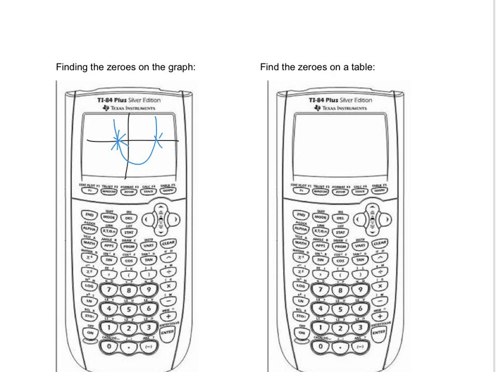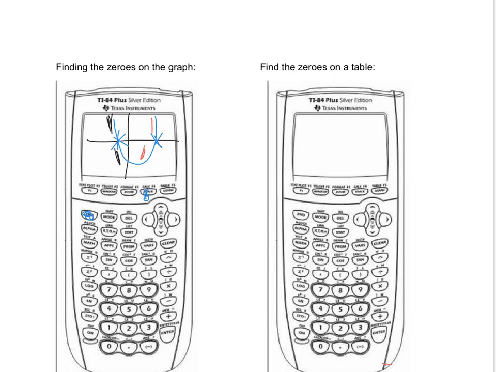These are your solutions. The calculator buttons you press are second calc, second trace, and you do the left bound and the right bound of this 0, and the left bound and the right bound of this 0.